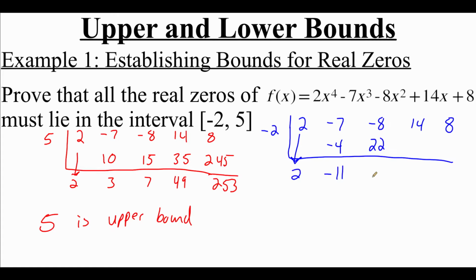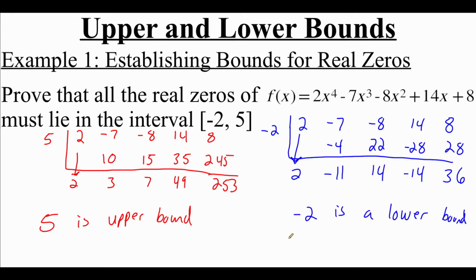And when I add that up with the -8, I get 14. 14 times -2 is -28, and when I add that together with that 14, I'm going to get -14. -14 times -2 is positive 28, and if I add that to my 8 on the end, then I'm going to get 36. So I can see that all of my numbers in my last line are alternating between being non-negative and non-positive, meaning that that -2 is in fact a lower bound.